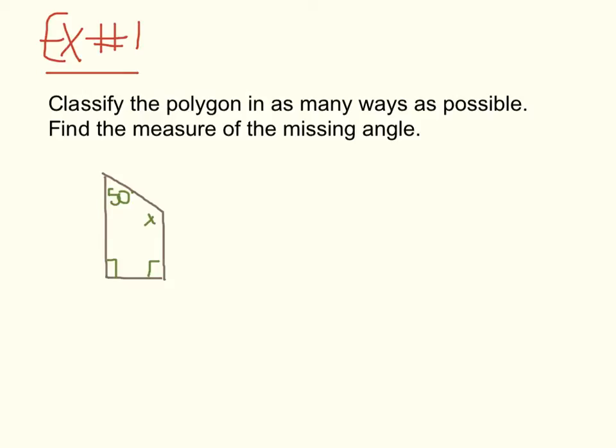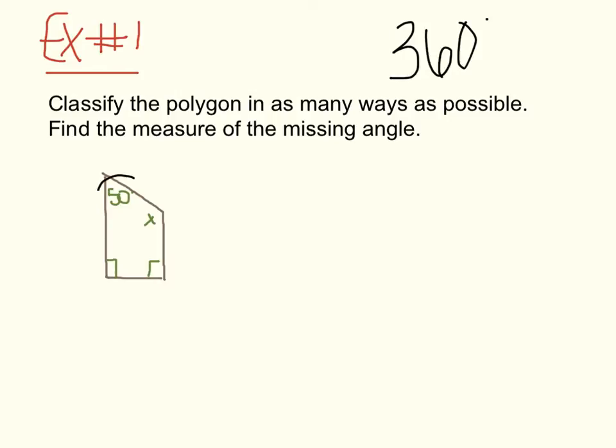Example 1. Classify the polygon in as many ways as possible. So we're going to use all those terms that we just did in the vocab to see if they match this shape. And then also find the measure of the missing angle. Just like triangles had to add up to 180, quadrilaterals have to add up to 360 degrees.